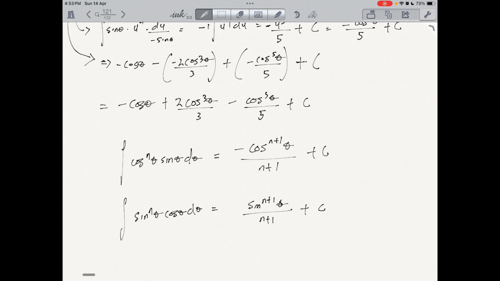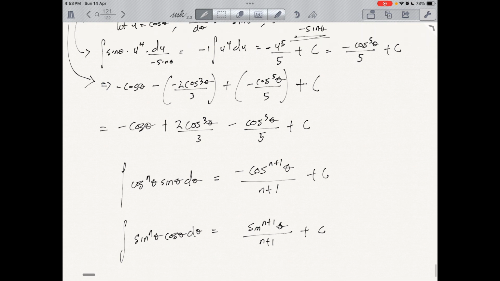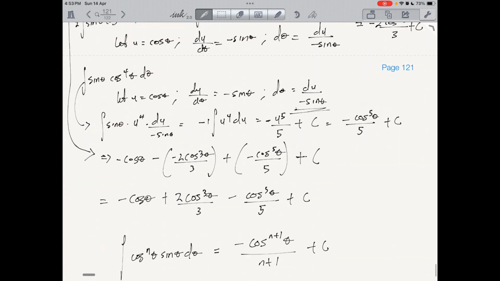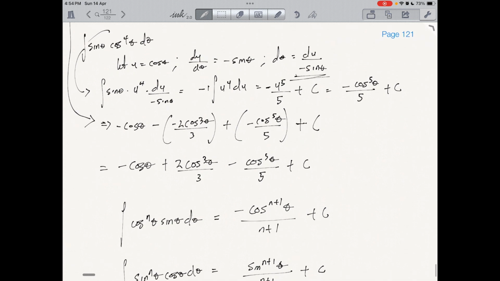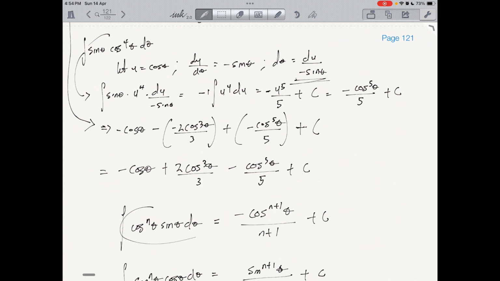Now let's take a look at this. In this question, we needed to integrate sine theta cos raised to power 4 theta d theta. If you compare it with this, it's similar to this. So our n is equal to 4, as we have here, and our answer was minus cos 5 theta over 5 plus c.